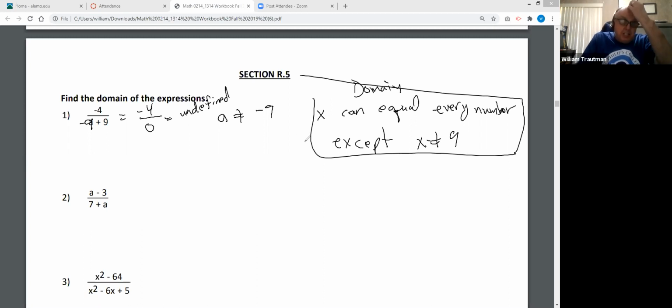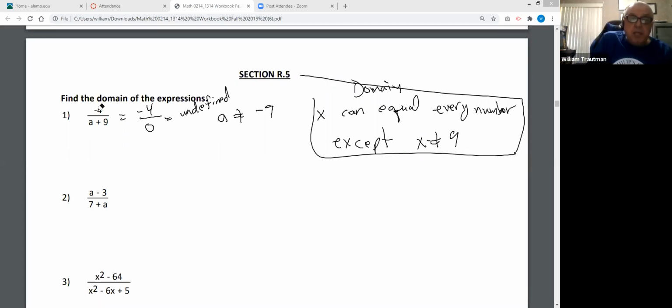It doesn't matter what number I put in there, I'm going to get an answer. The only way I get an error on my calculator is if the bottom equals 0. And there's only one number that makes the bottom equal 0, -9. -9 plus 9 is 0.